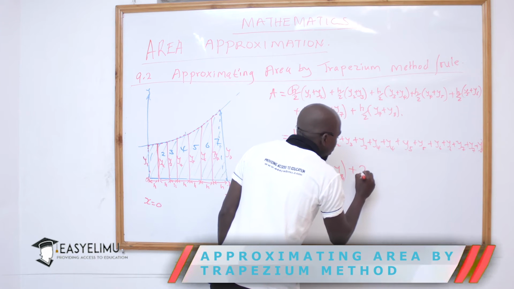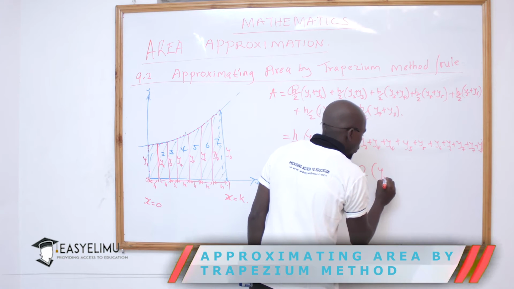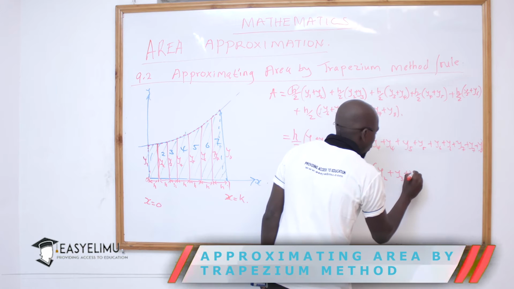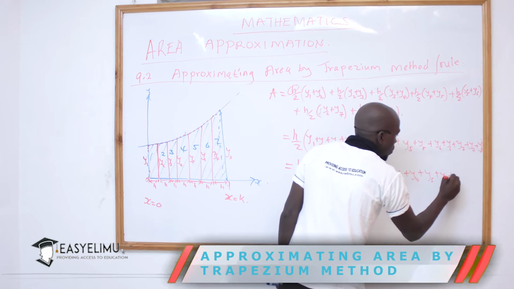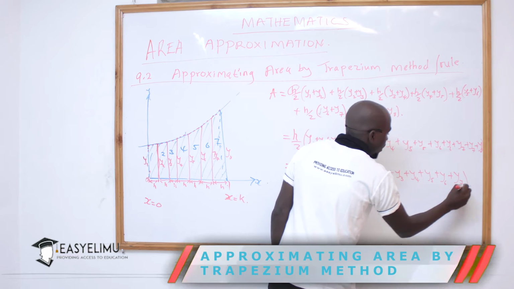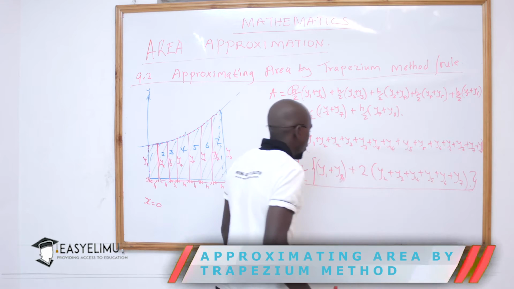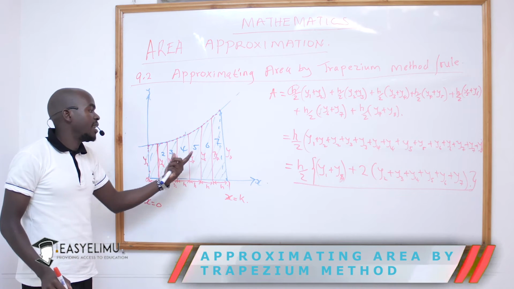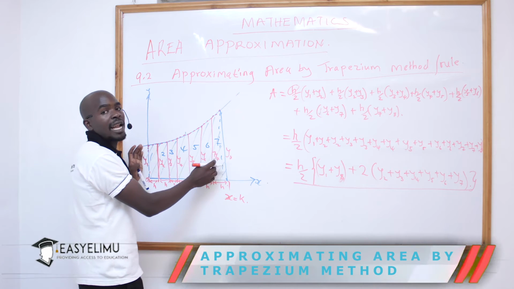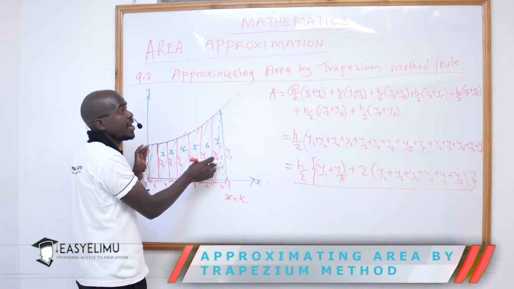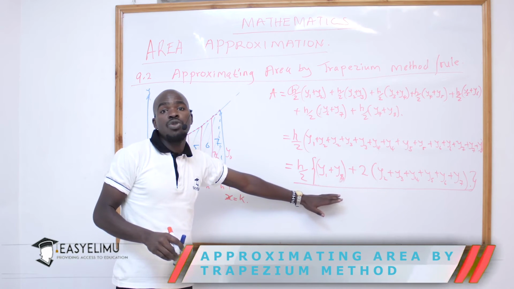Then I take those which are repeated because they appear twice: y2 plus y3 plus y4 plus y5 plus y6 plus y7. If I do it that way, I will find the area under the curve, which gives an approximation of the area using the trapezium rule. This is the trapezium rule we need.